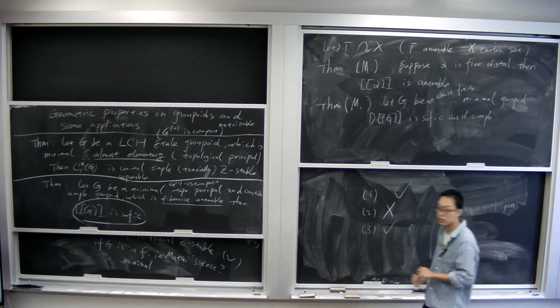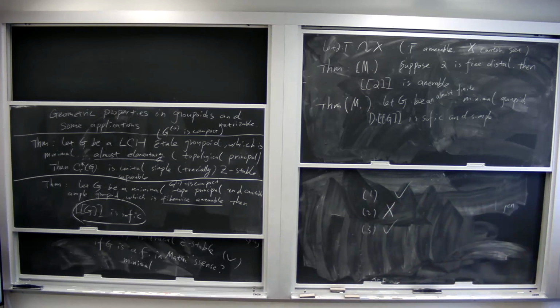But the second one, no. You cannot do that, because the action of the topological full group on the space is highly non-free. It has a lot of fixed points, so if your S_x is not in the support of gamma, support meaning that it moves something, then you get a fixed point. So you don't have the second one.